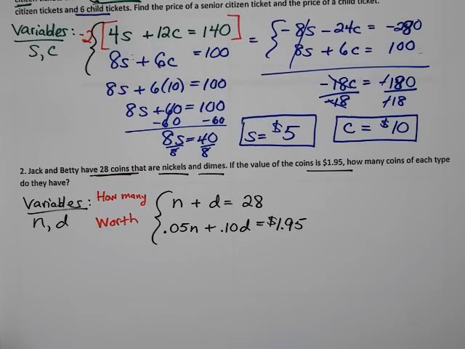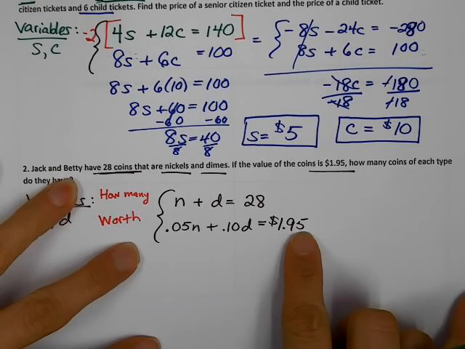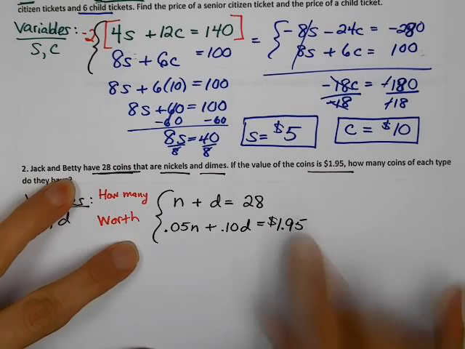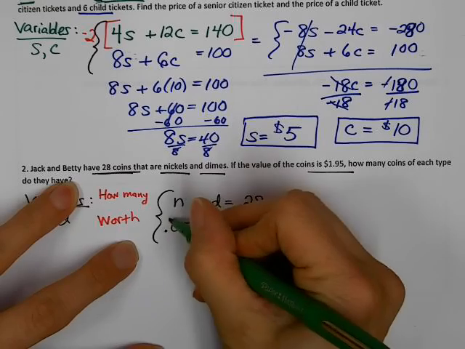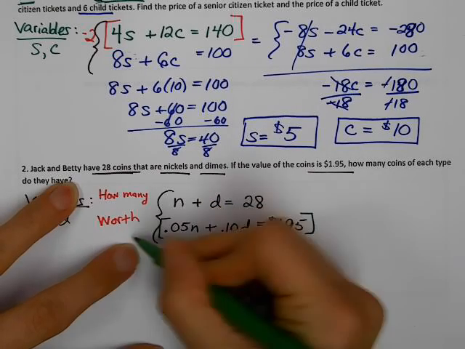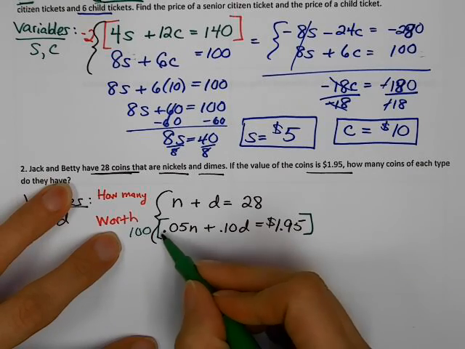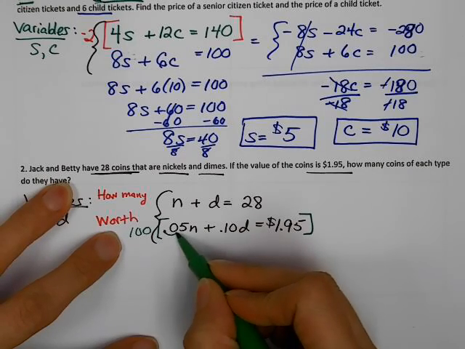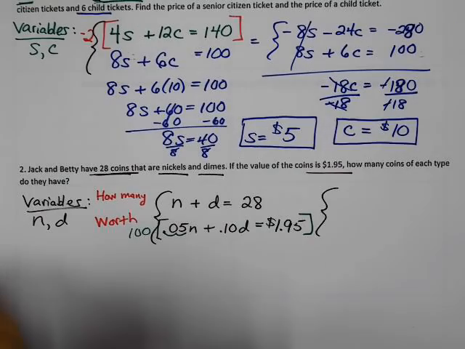Maybe what I'll do is multiply this entire equation by 100. Why would I do something like that? When I multiply by 100, the decimal gets moved over 2 times. You can use your calculator for this.